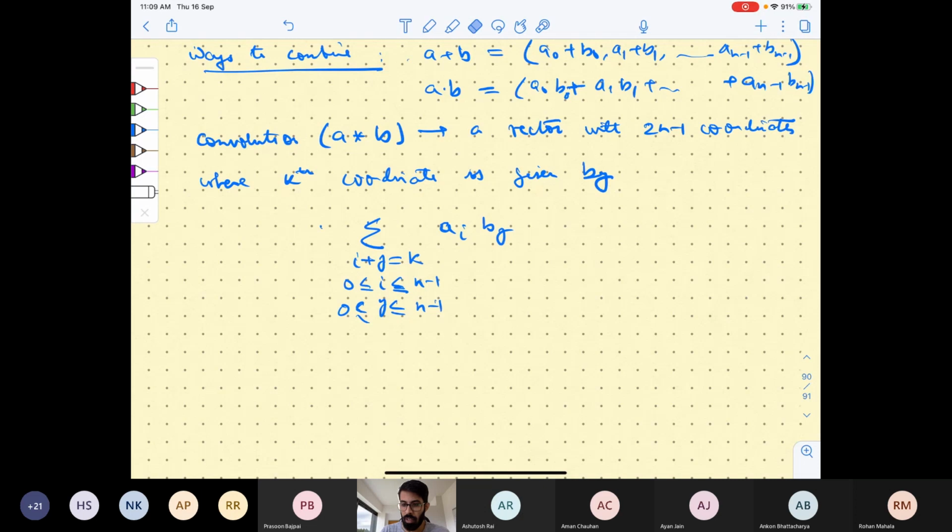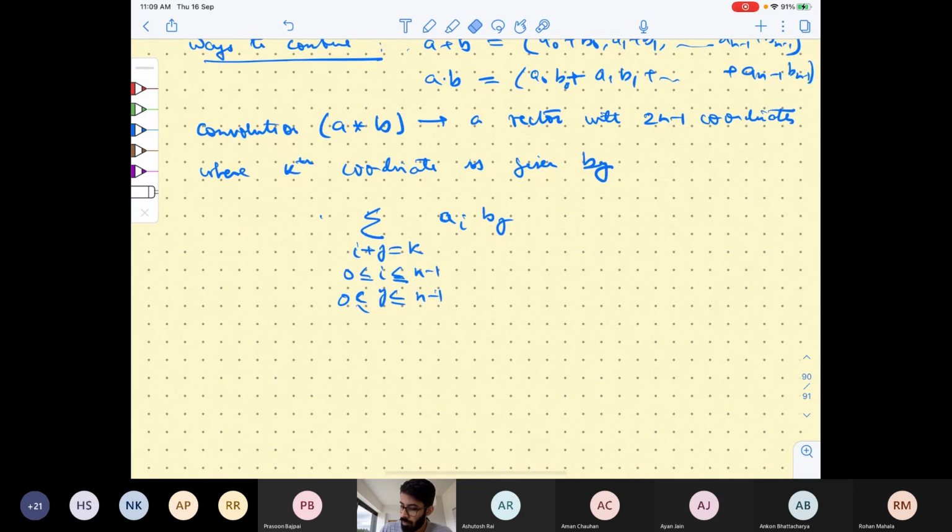So this convolution vector is going to be a0 b0, because that is the only sum that gives 0, then a0 b1 plus a1 b0, then a0 b2 plus a1 b1 plus a2 b0, and so on.